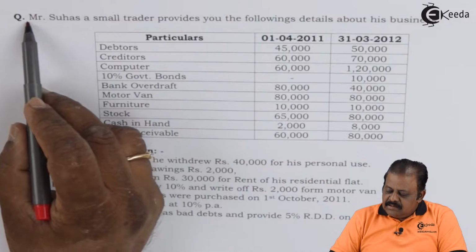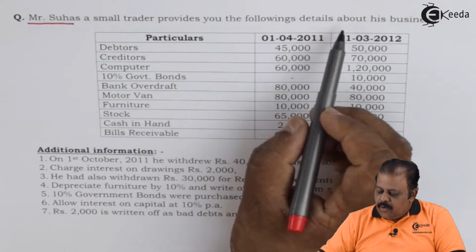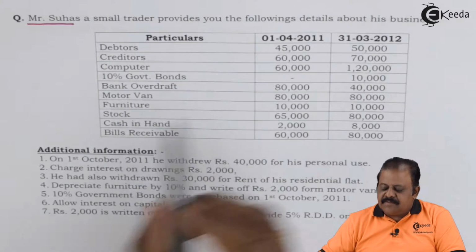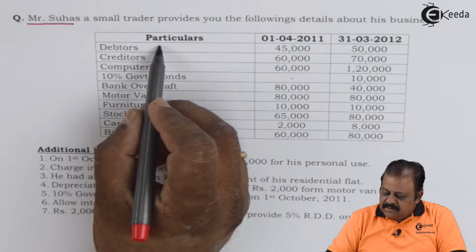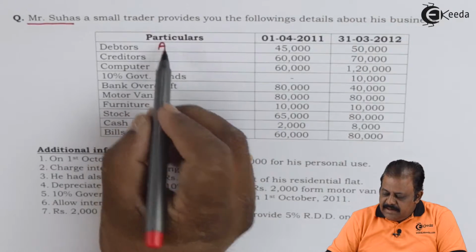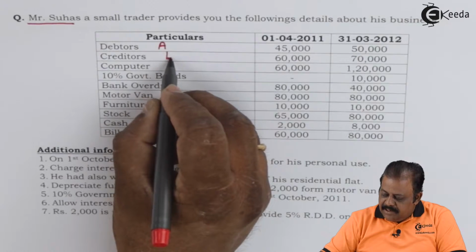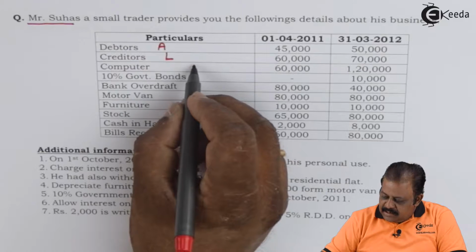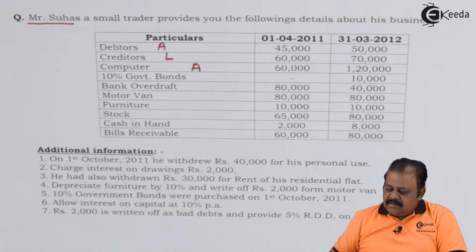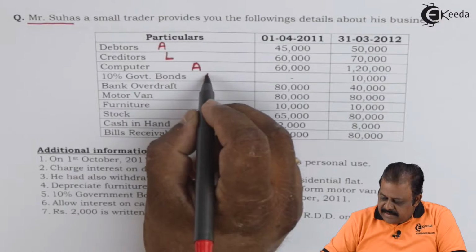Mr. Suhas, a small trader, provides you following details about his business. Debtors, asset. Creditors, liabilities. Computer, asset. 10% government bonds, asset.